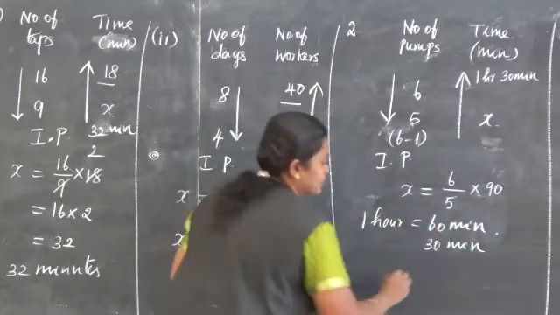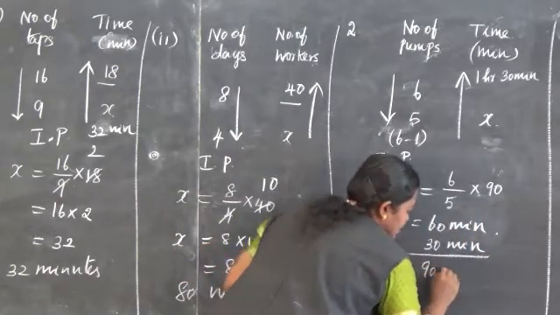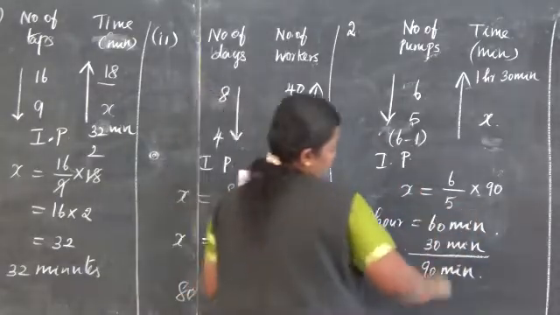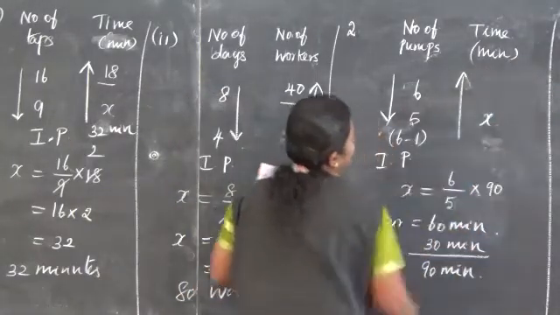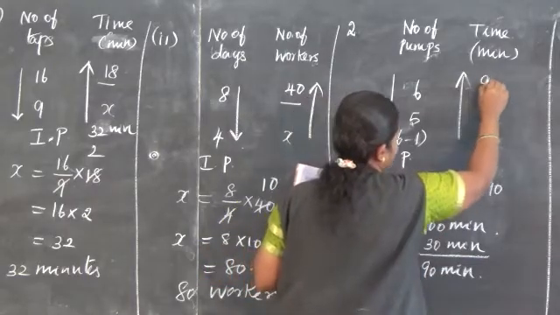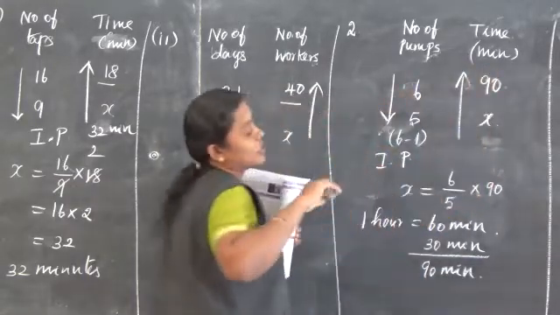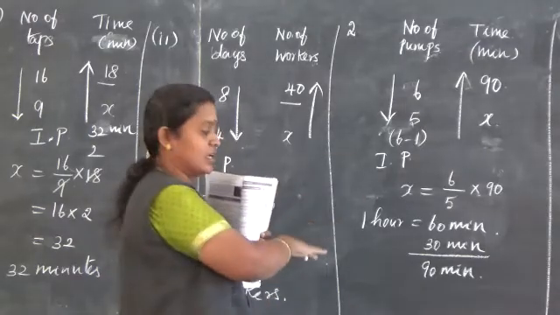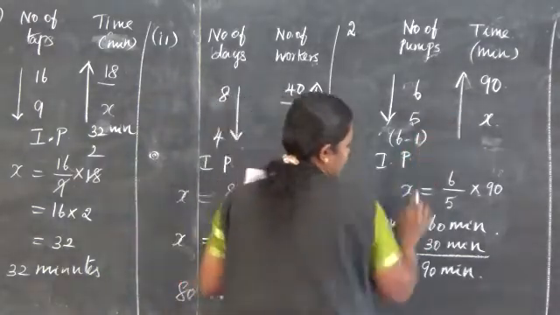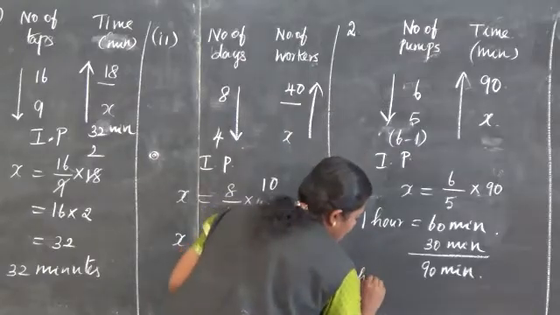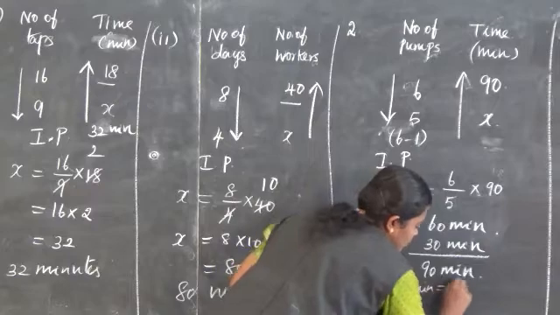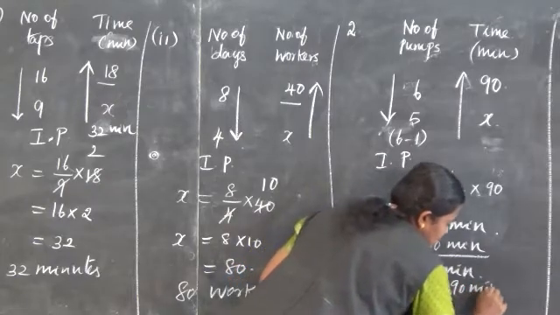So the total time is 90 minutes. So instead of 1 hour 30 minutes, I am going to write 90 minutes. If you are converting to minutes only, you can do the calculation. That's why I have converted like this. So 1 hour 30 minutes equals 90 minutes.